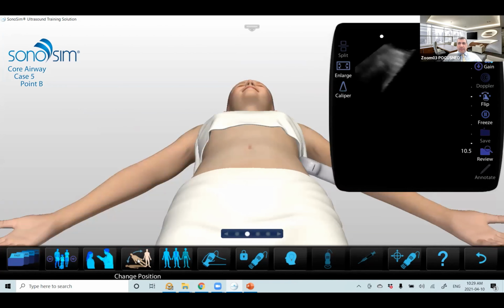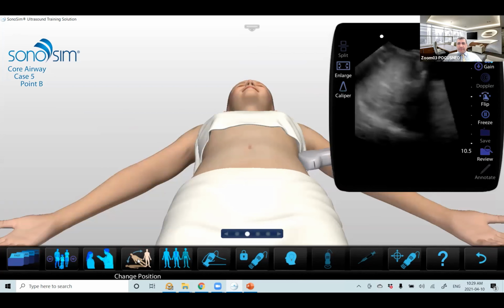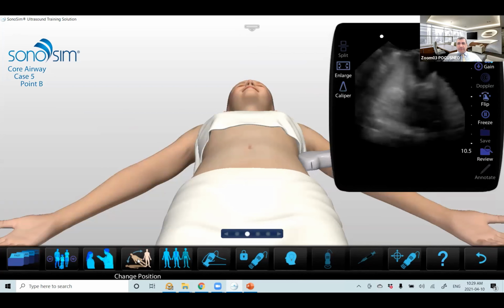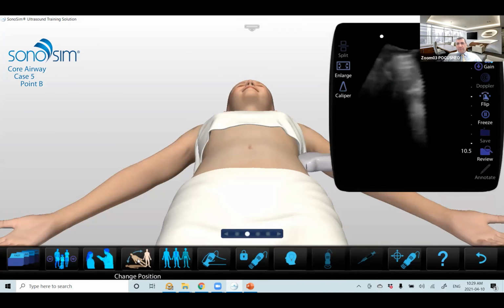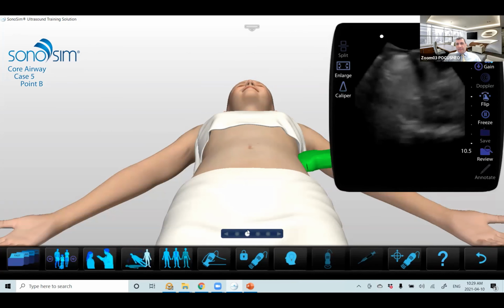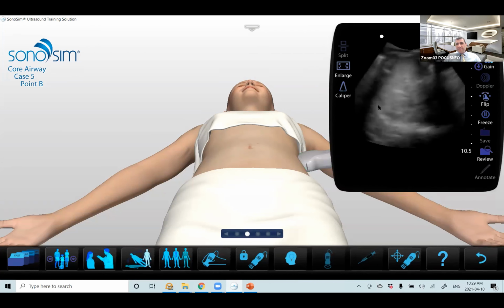You need to adjust. Yes, now I can see the movement of the diaphragm, or at least movement of the lung, infant's breathing. So you can see now the spleen, and you can see the shadow, air shadow of the lung. If the ET tube is in the right side, you will not see any movement on the left side.